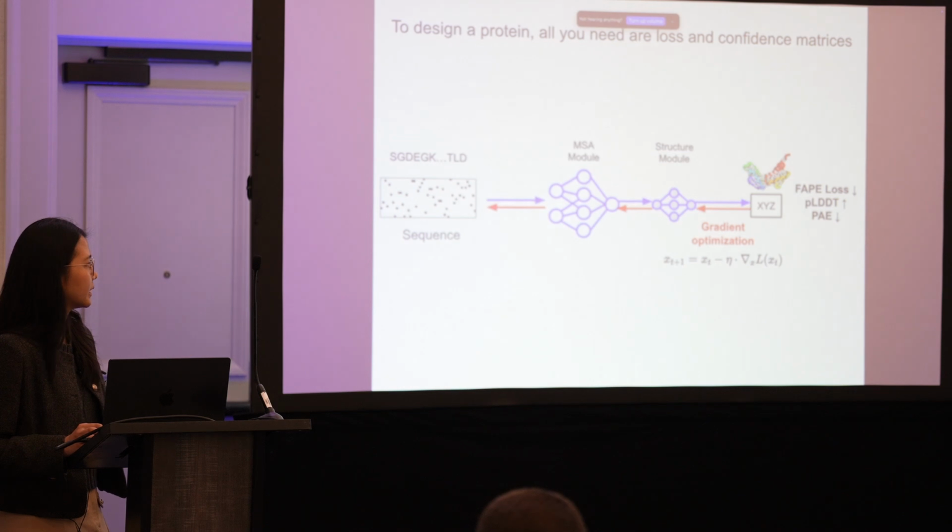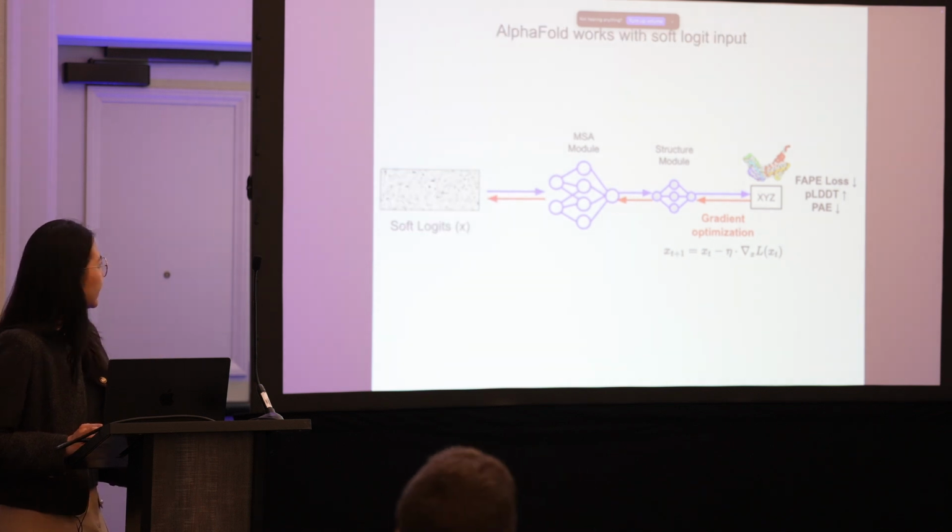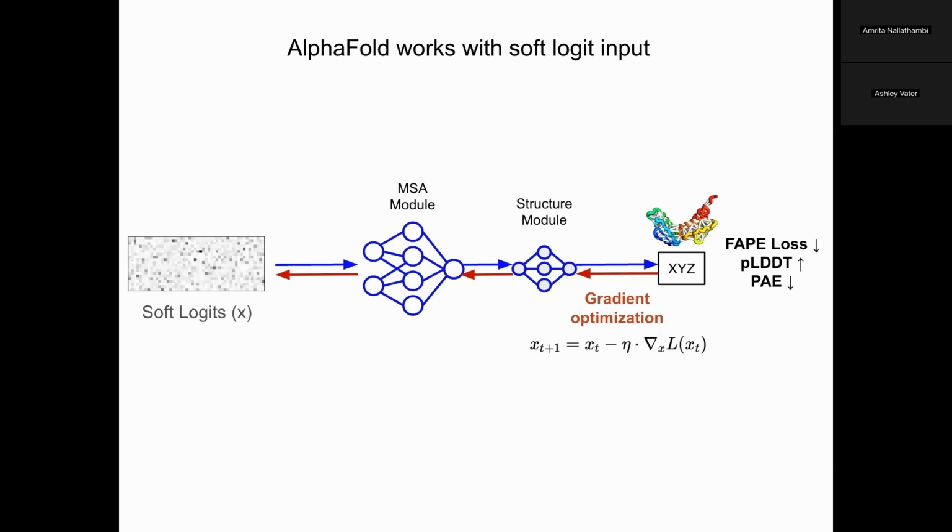So this is really cool because you don't need to train the model, and all you need is to set your loss or confidence matrices. And the other really cool thing about AlphaFold is that it's really hard to backpropagate to the sequence if you use one-hot encoded sequences, right?